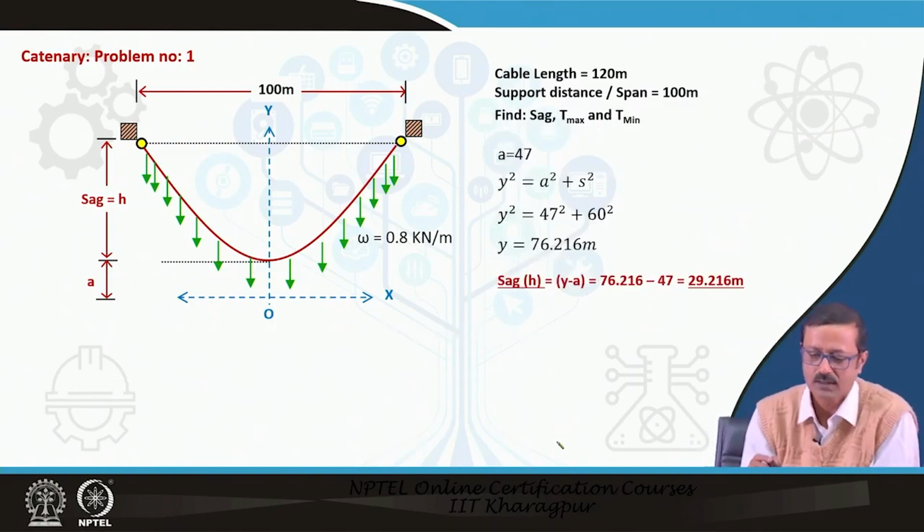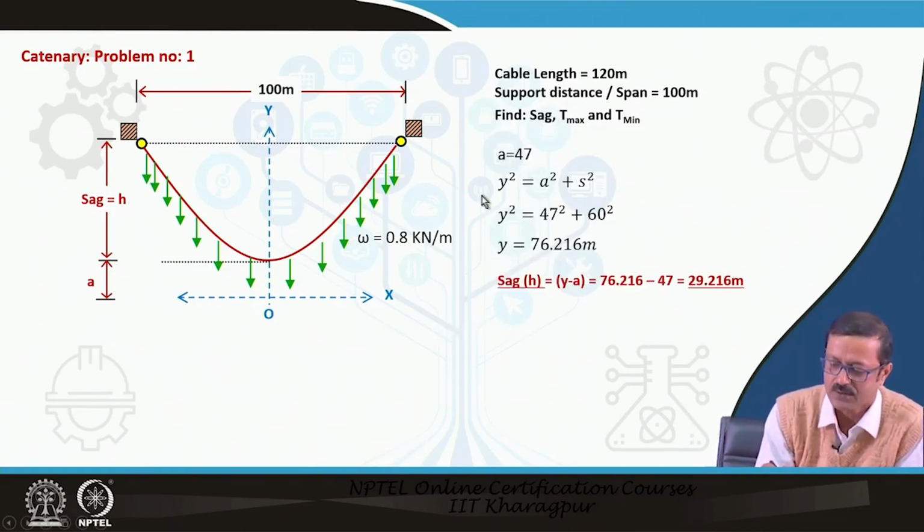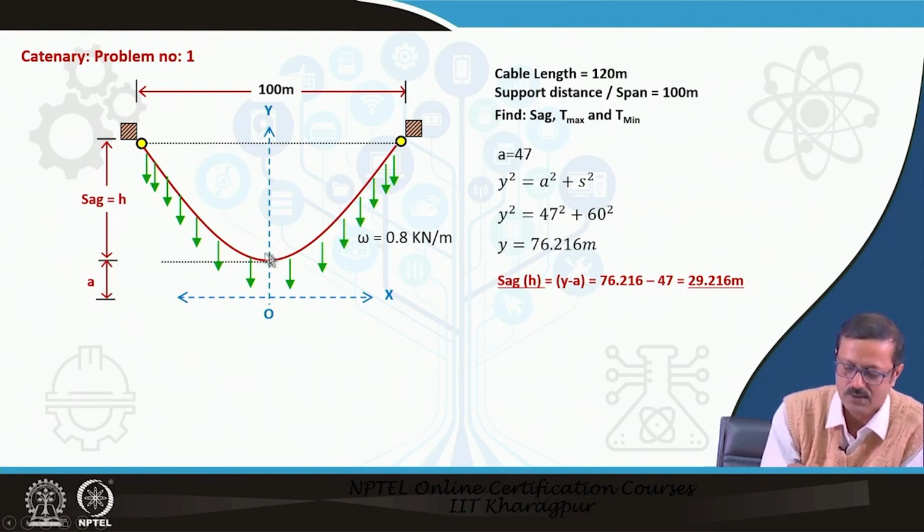Now as I have a equal to 47, I use the second equation, y square equal to a square plus s square. So y square is equal to 47 square plus 60 square, and y I found out to be 76.216 by virtue of this equation.